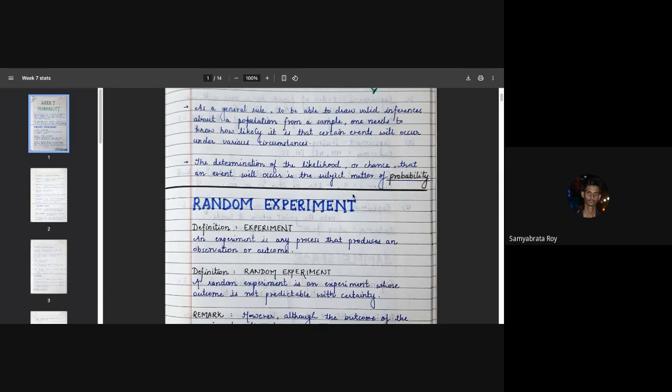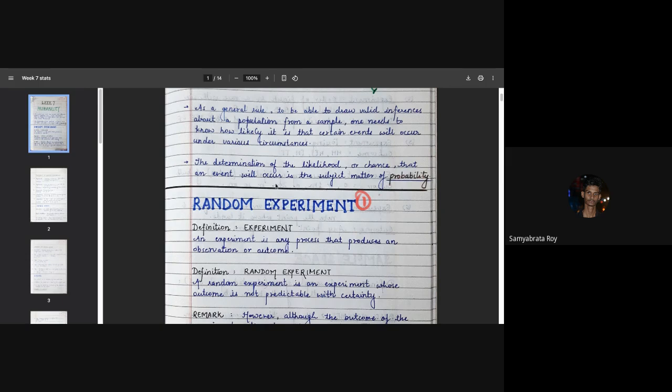But to construct the mathematical or statistical definition of probability, there are a few types of definitions: axiomatic, mathematical, classical. Eventually, you will get to know about them. Let me jot down.